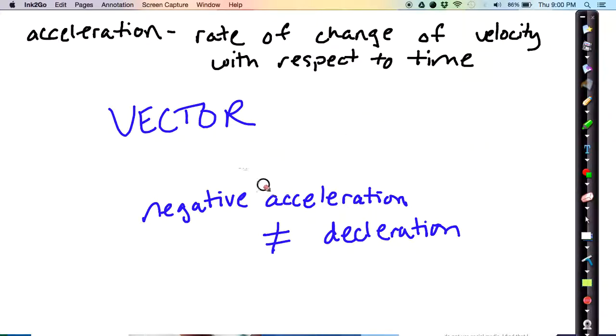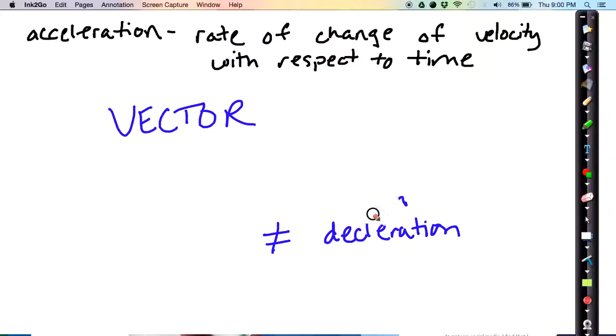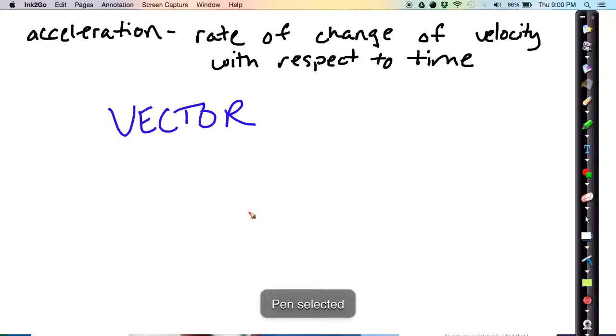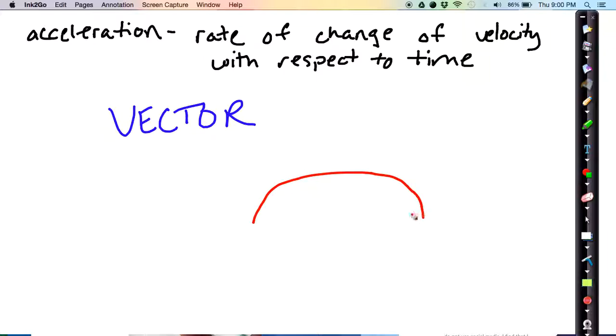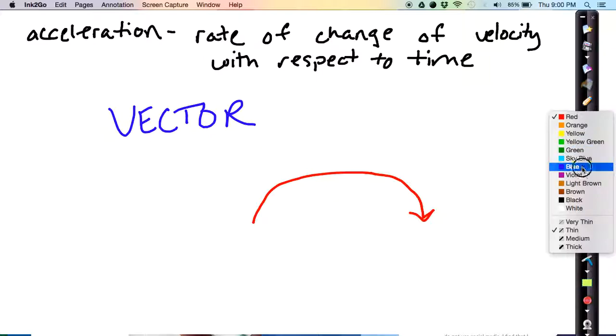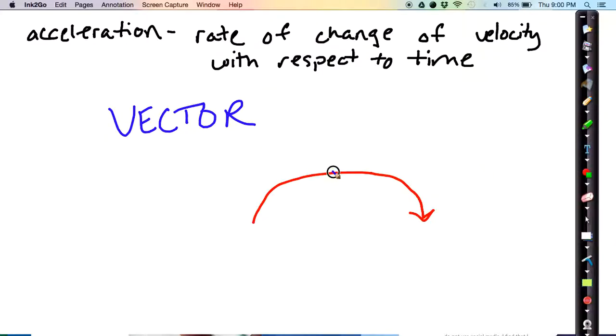Another important point about the vector nature of acceleration is that if you have an object that is changing direction, it will be accelerating. So if we have an object that moves in a circular or curved path, that object is in fact accelerating, even if it's maintaining constant speed, and the acceleration vector is going to be directed toward the center of curvature of that moving object.